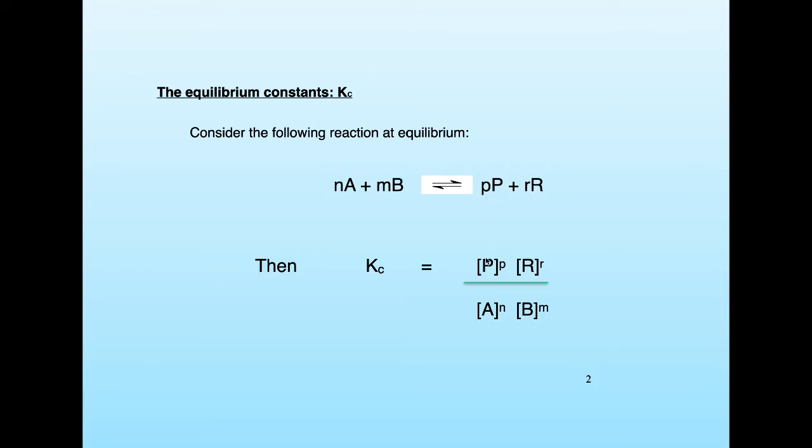These square brackets mean concentration, in moles per decimeter cubed.